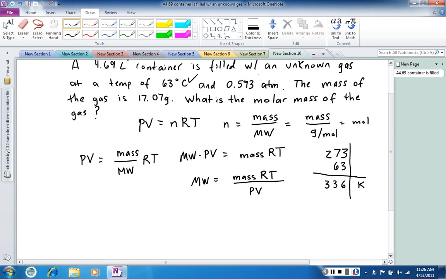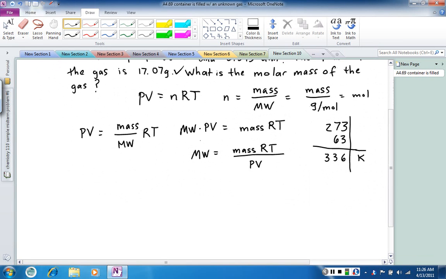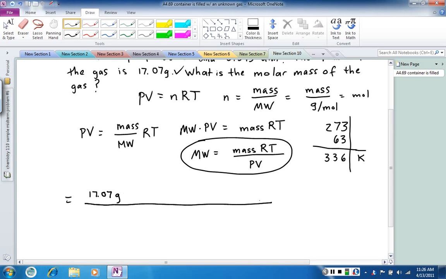We have our pressure in atmospheres right here, which is in the right units, and we have mass. So now we just got to plug and chug it. Remember, we're using this equation right here. So our mass, 17.07 grams. Now make sure to write your units and be careful. R, 0.08206 liter atmospheres per mole Kelvin.